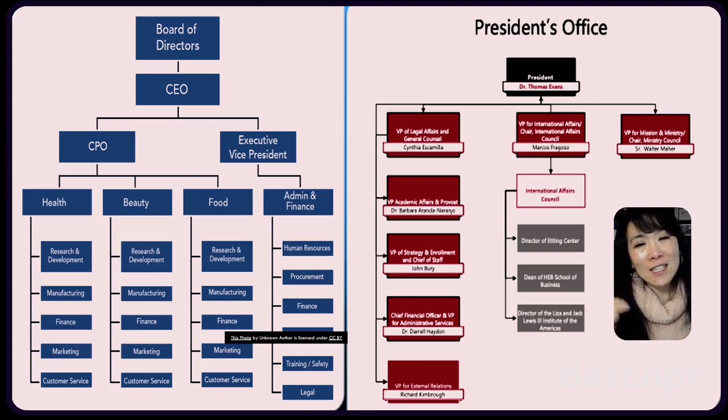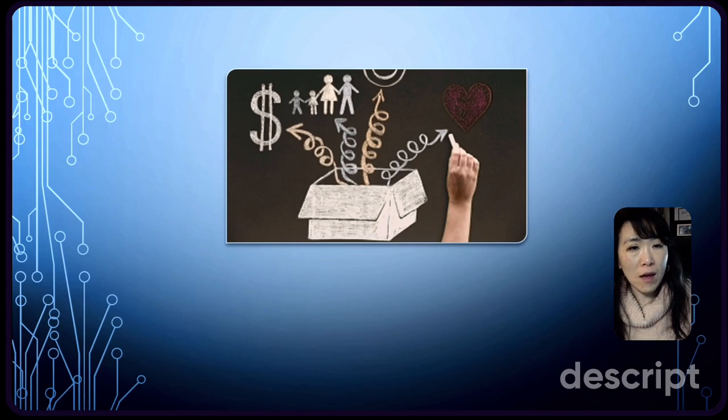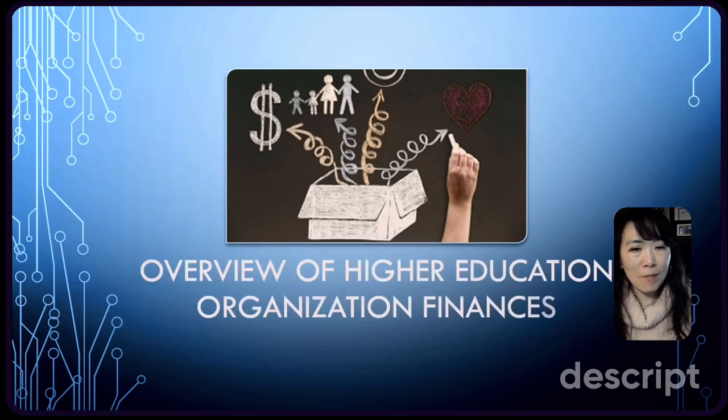And then you can see different VPs that are heading different administrative duties on different sectors of our organization. We also talked about one of the important positions in this line of organization, the chief academic officer, otherwise known as the provost.